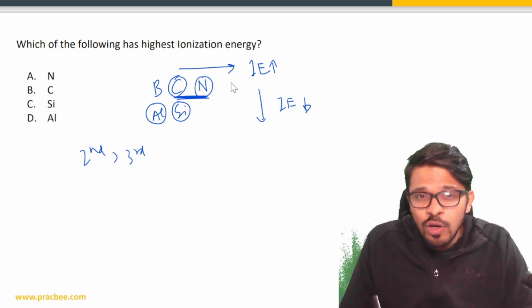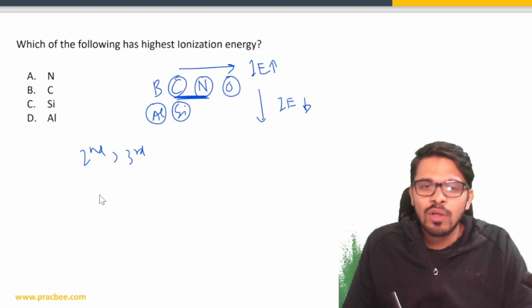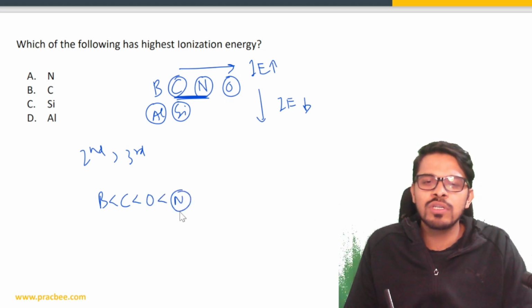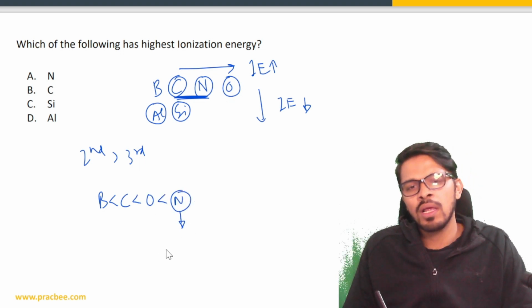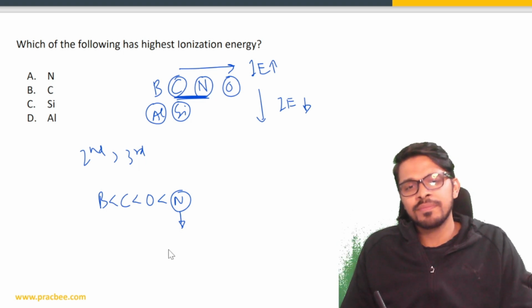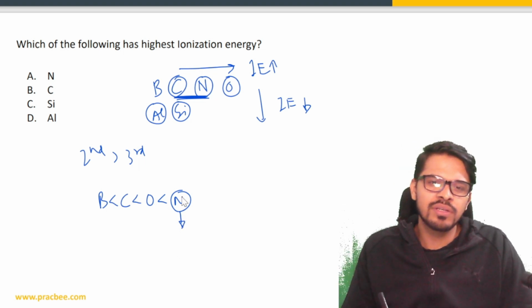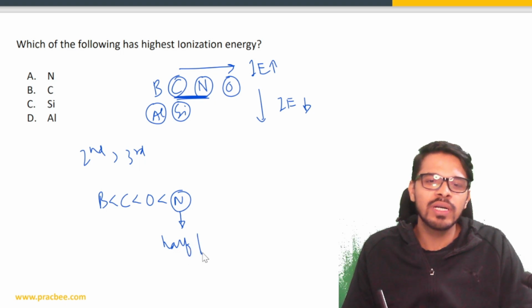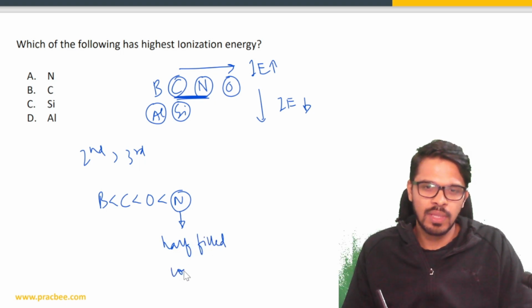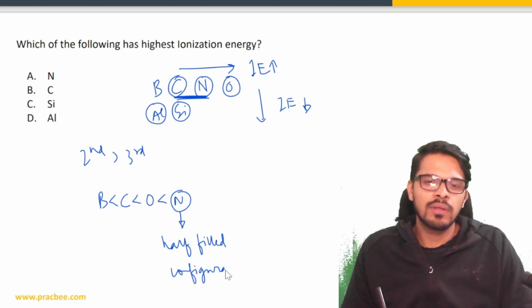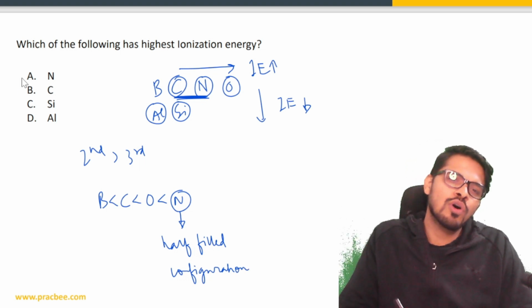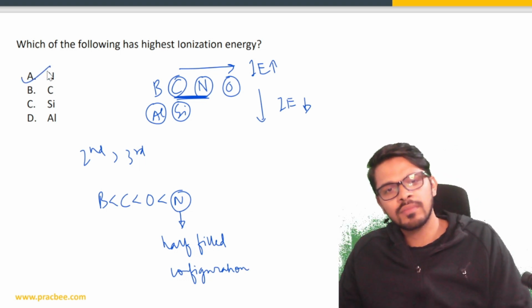Actually, the order would be boron, carbon, oxygen, and then nitrogen. Nitrogen has unusually high ionization energy due to its half-filled configuration. There is no option close to nitrogen.